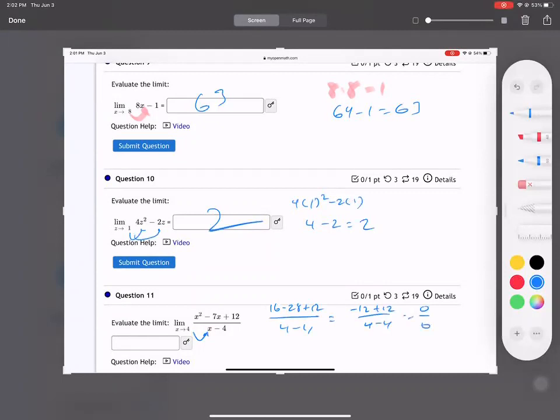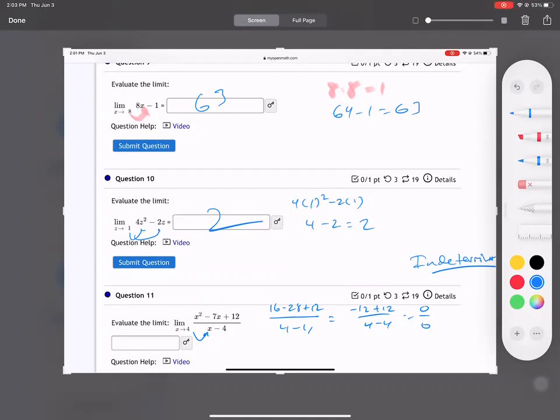Now we realize something weird happened here. When we have fractions, we cannot divide by what number? We can't divide by 0. This is a special occasion where we have something called an indeterminate form. Indeterminate form means something says 0 over 0. That means we can't determine it, and that means there's a hole for us.